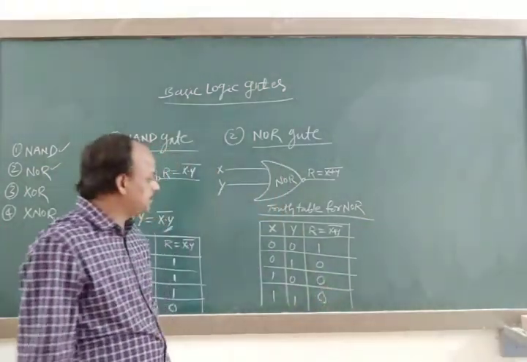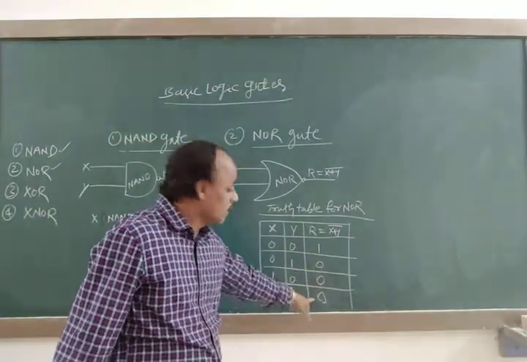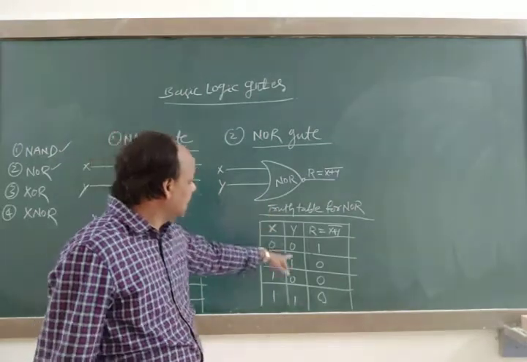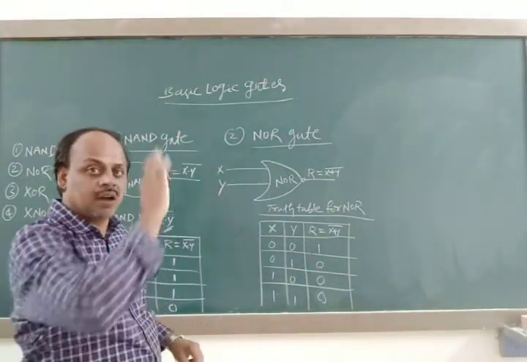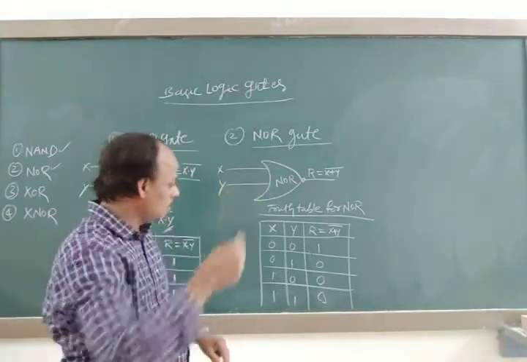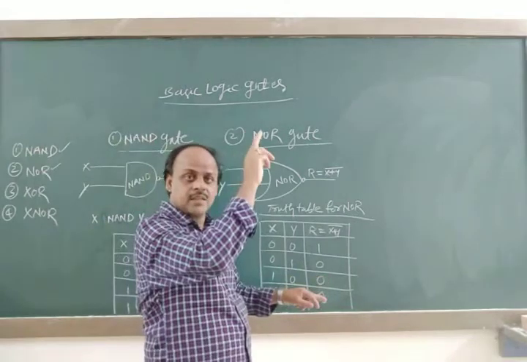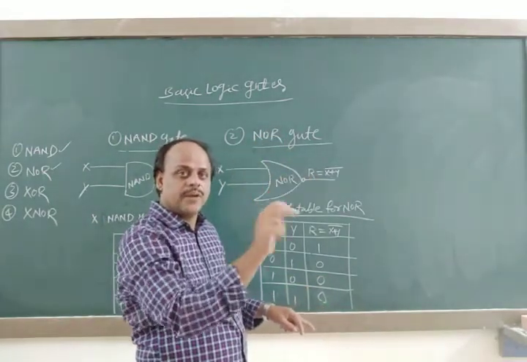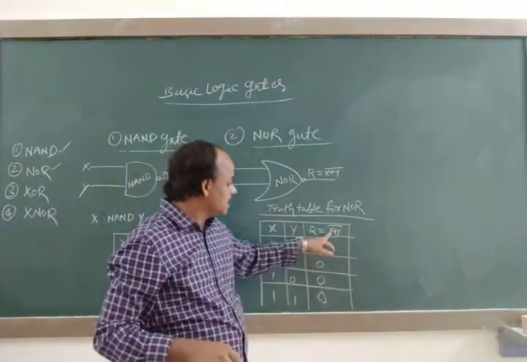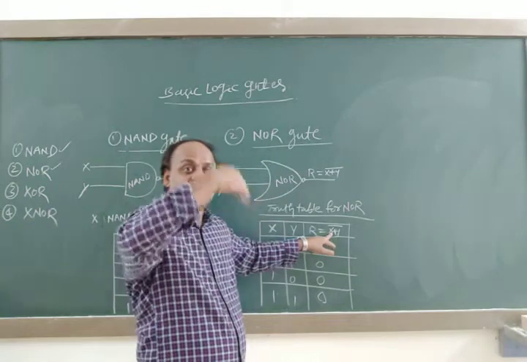See here, the resultant expression. Compare the NOR gate resultant expression with the OR gate. In the OR gate the resultant expression is X plus Y, and we get 0 1 1 1. Here the resultant expression is X plus Y whole bar, meaning the result is complemented.